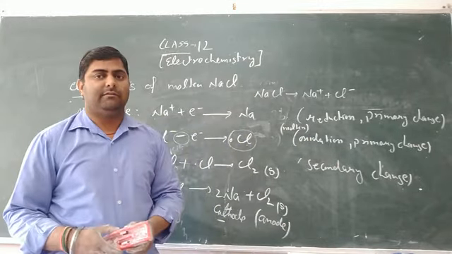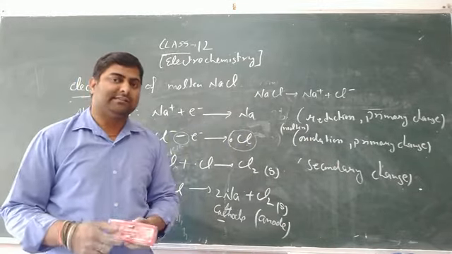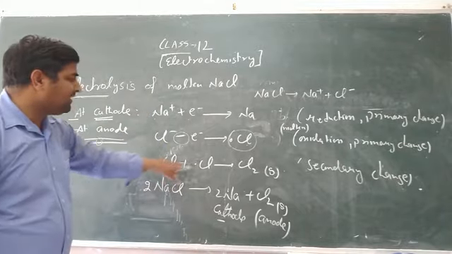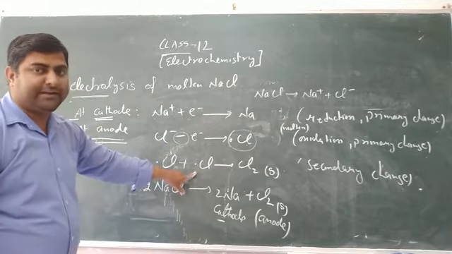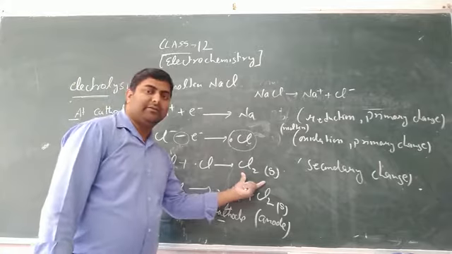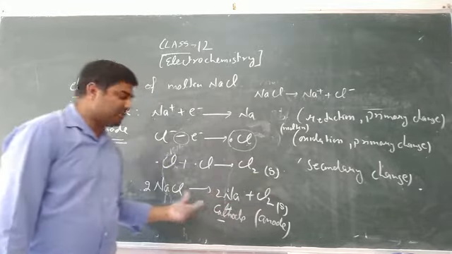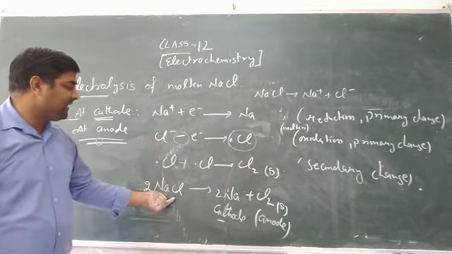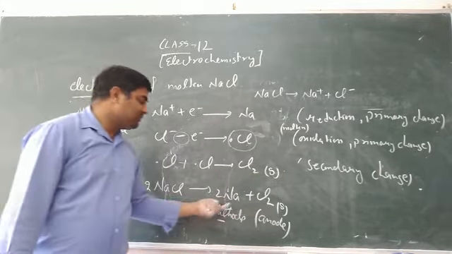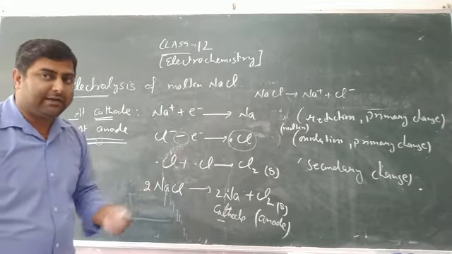Since the Cl free radical is unstable, it combines with another chlorine free radical to form chlorine gas. The overall reaction can be written as 2NaCl gives 2Na, where Na is obtained at the cathode and chlorine gas is obtained at the anode.